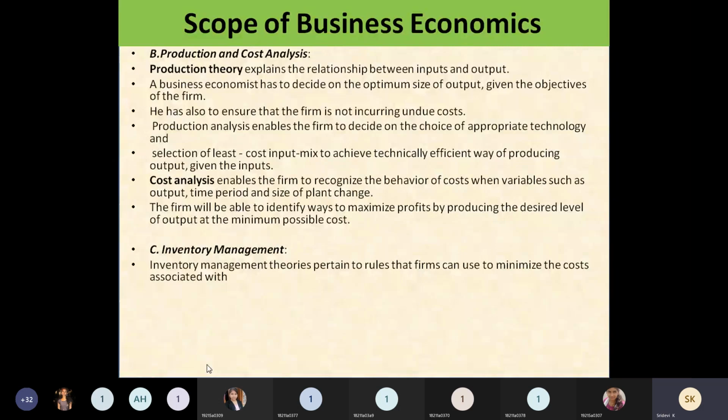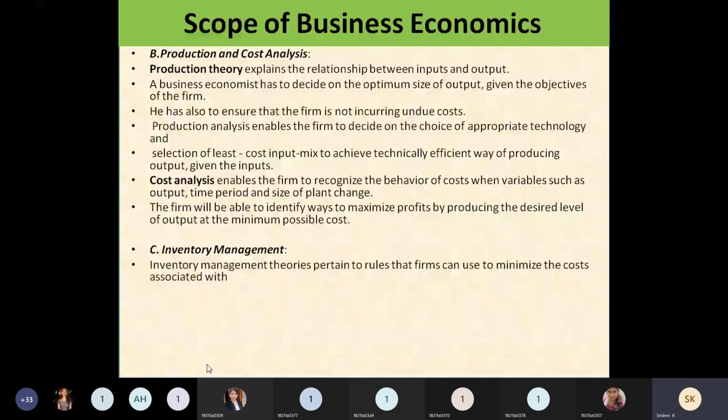Finished product means the process is completely over, and it is ready to sell in the market. That product is called what? Finished product. All these things will be there which you need to manage, because we come across all these stages to produce our product.